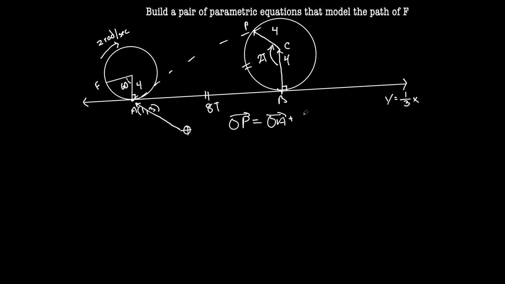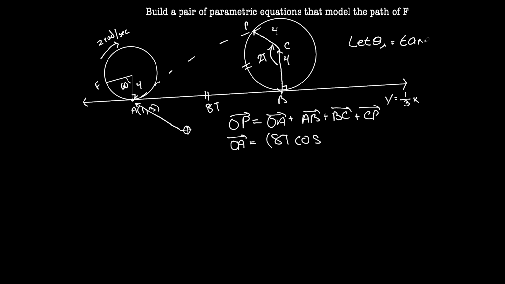OA plus AB plus BC plus CP. Alright, great. So we're going to have our AB, and that's going to be equal to our magnitude, which is 8t, cosine. So we're going to create our theta L, and since we're moving right this time, we don't have to bother about adding or subtracting pi. We can just say inverse tan of 1/3.